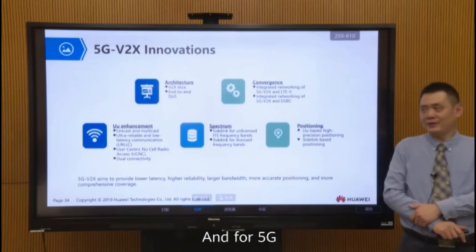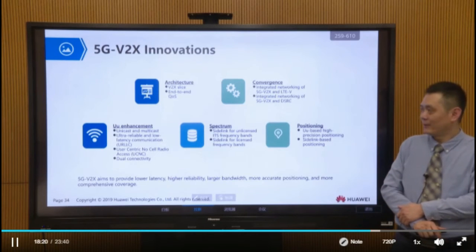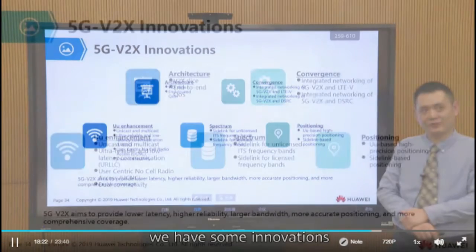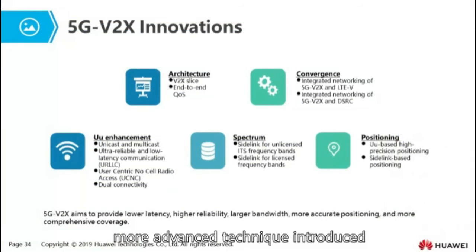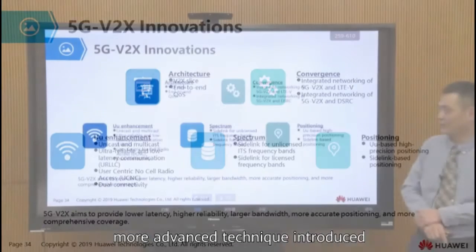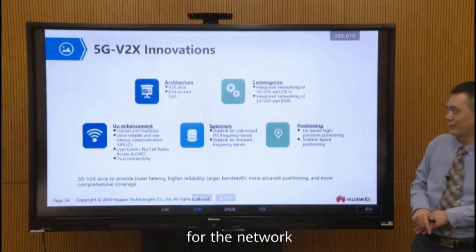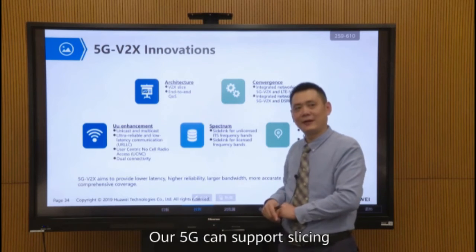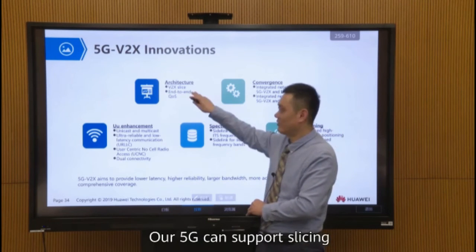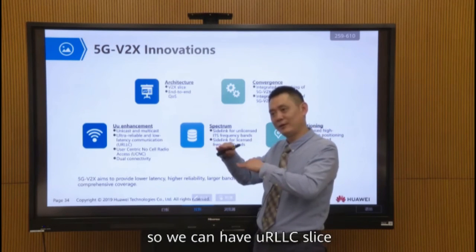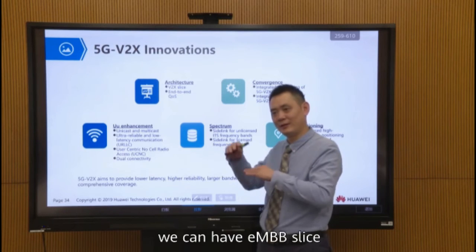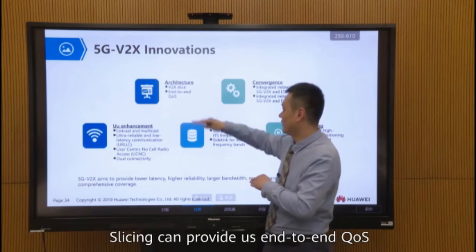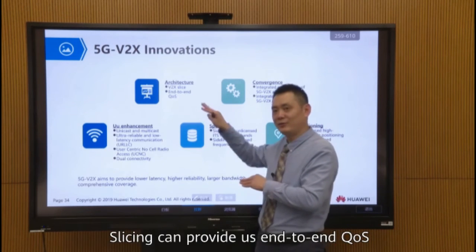And for 5G, we have some innovations, more advanced techniques introduced, so it can provide better performance over the network. First is the architecture. Our 5G can support slicing, so we can have a URLLC slice and an eMBB slice. The slicing can provide us end-to-end QoS.